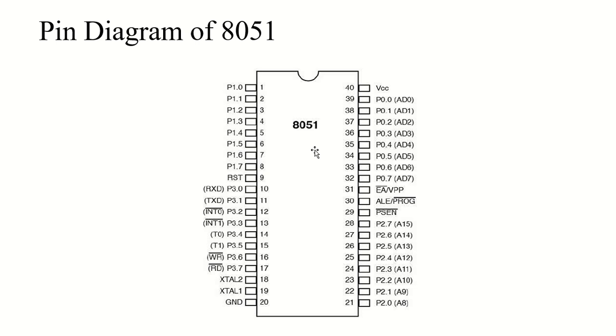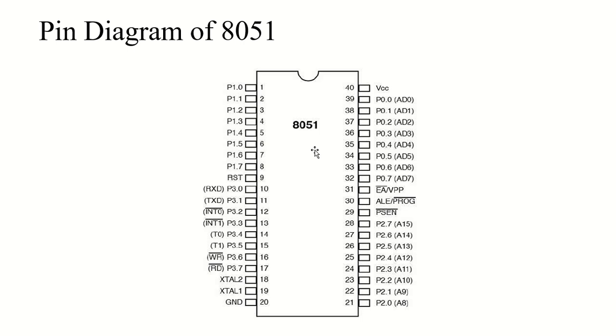Now that that is out of the way, let's come to input output programming of 8051. As I've said, we have four ports: 0, 1, 2 and 3. Examining this pin diagram, you can see 40 pins, and out of these 40 pins, a total of 32 pins have been allocated to these four different ports.